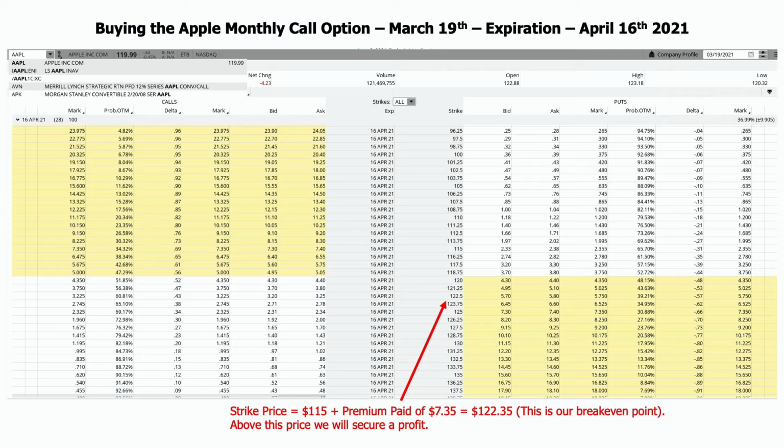So we add the $7.35 to the 115 and that gives us 122.35. This will be our break-even point. Anything above this and we'll start to be in profit. So we have 28 days for the share price to get above this price, and then we can exercise our option to buy the shares.